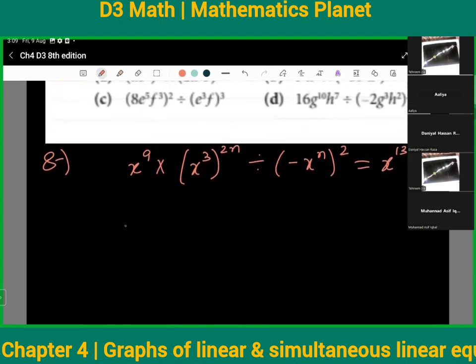Okay, let's do this one. x to the power 9 multiplied by x to the power 6n divided by minus x to the power 2n, the minus will become positive, is equal to x to the power 13.